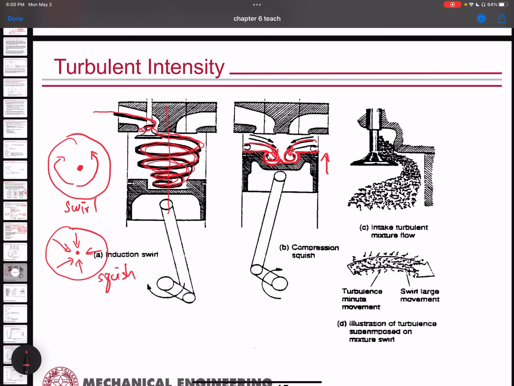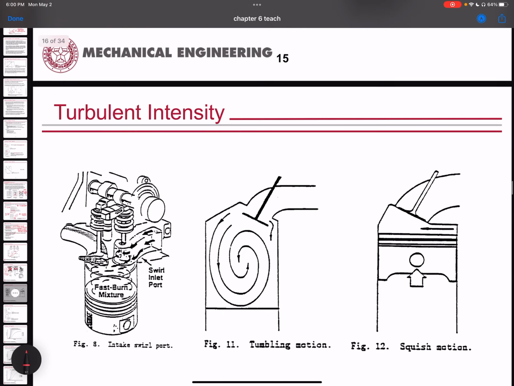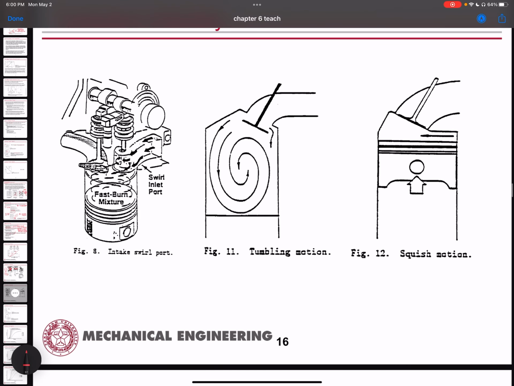Okay. And then we can also have tumble motion. And so tumble motion is now motion around the axis that comes in and out of the plane. So it's basically motion that is radial to the cylinder, right? And so at this point here now, this would be the axis around which, in this case, we have tumbling motion, right?